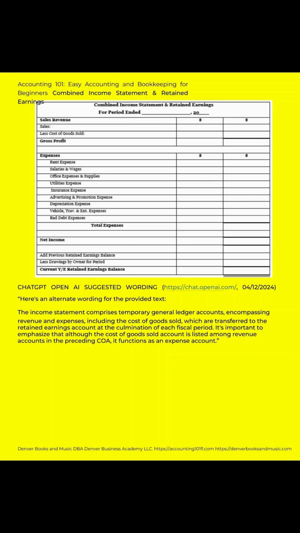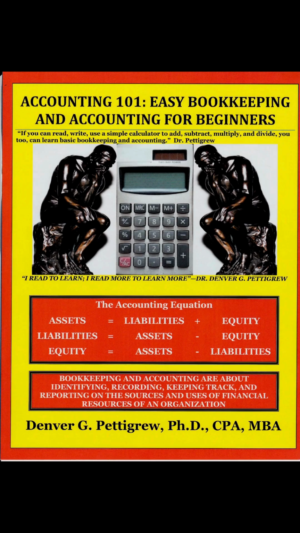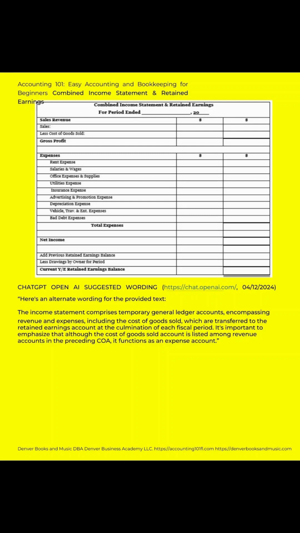Some popular types of expenses of firms include rent expense, salaries and wages, office expense and supplies, utilities expense, insurance expenses, workers' compensation insurance expense, advertising and promotion expenses, depreciation expenses, and bad debt expenses. Vehicle, traveling, and entertainment expenses.